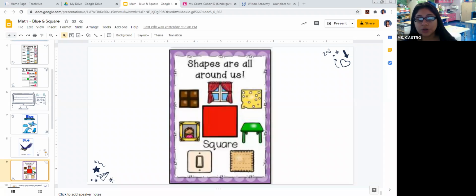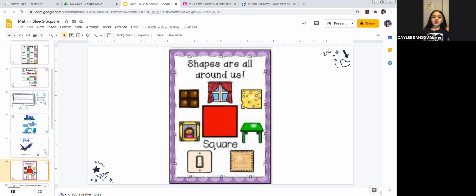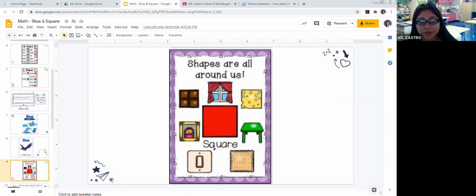Zaylee, you can unmute yourself. Tell us one object that's the shape of a square that you see on the screen. A picture frame, very good. So right here, this little girl has her picture in a picture frame and it's in the shape of a square. Excellent job, Zaylee.